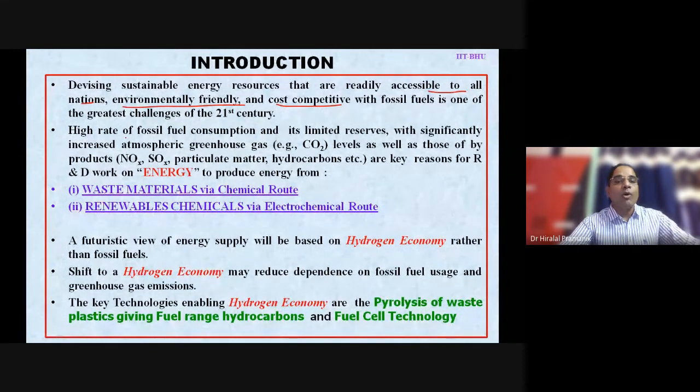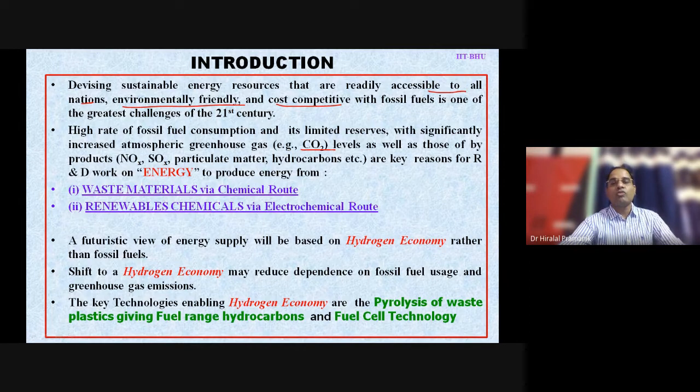And as I have already said, we are still 70% dependent on fossil fuel, because non-renewable sources provide 70%. We are dependent on non-renewable sources to get energy, and 30% on renewable. And this higher rate of fossil fuel consumption, along with limited reserves, also emits SOx and NOx along with CO2.